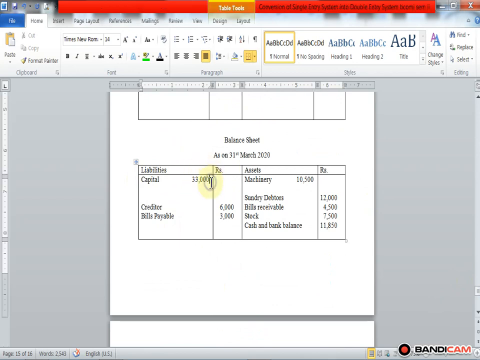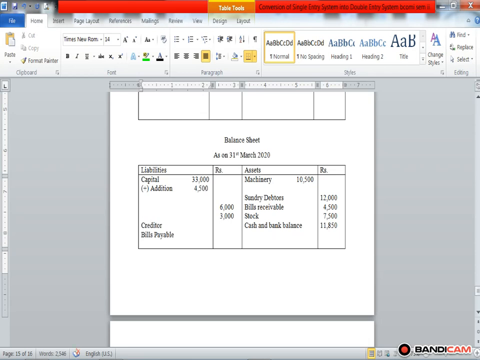So here we add additional capital amounted to rupees 4500. Then we add interest on capital, interest amounted to rupees 1763.